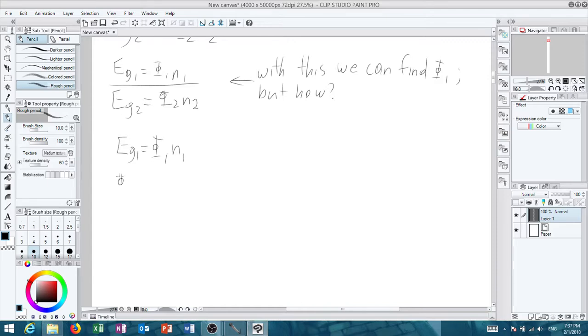So we can say phi 1 is equal to EG1 over N1, and that's equal to 150 volts over 25 RPS. When we do this division, 25 into 150 is 6 times, so the answer is 6. But the unit for flux is Weber, so we write Wb for Weber.